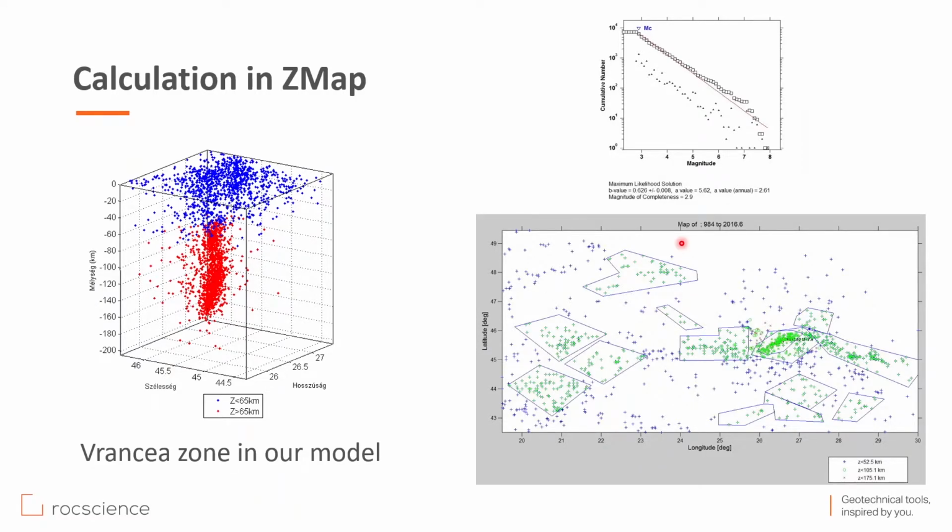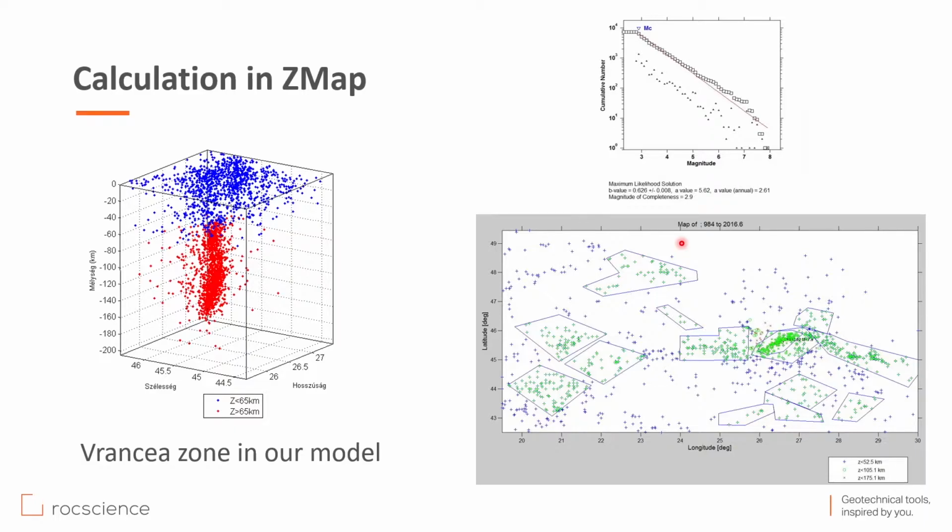And let's see, the declustering was carried out by using ZMap code. This code is using the Gardner and Knopoff algorithm with the original window parameters. The declusterization was carried out by using this code.